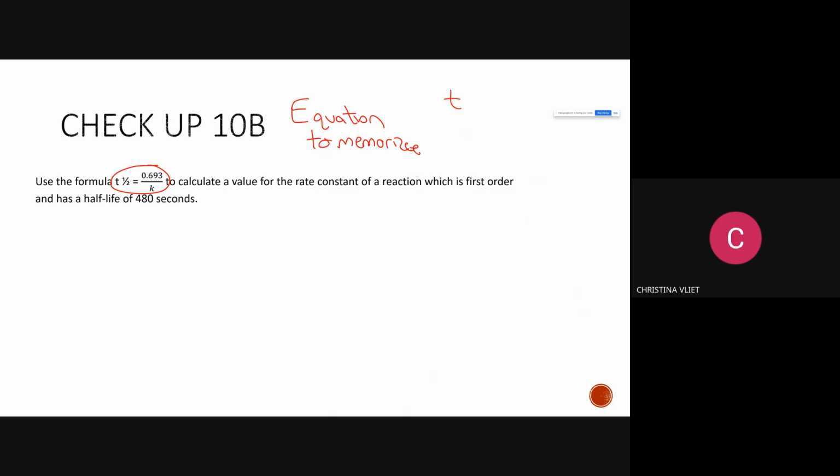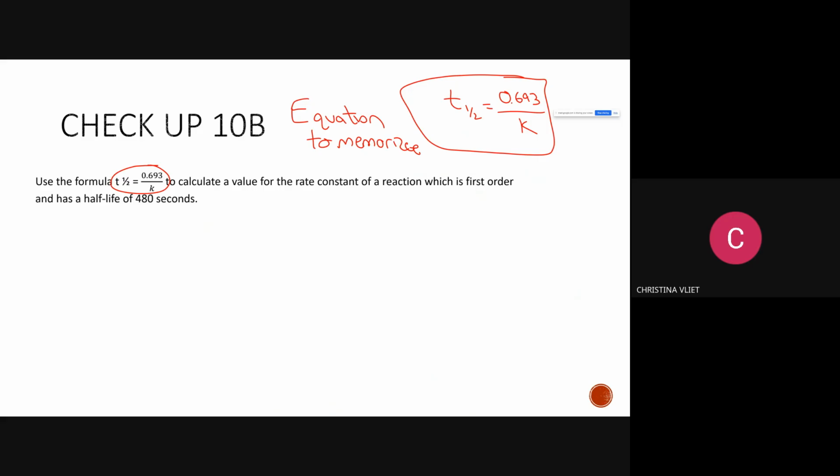If I have a first order reaction, all I need to know is the K value, and it gives me the half-life. They are related in this way. The half-life is defined as 0.693 divided by K.